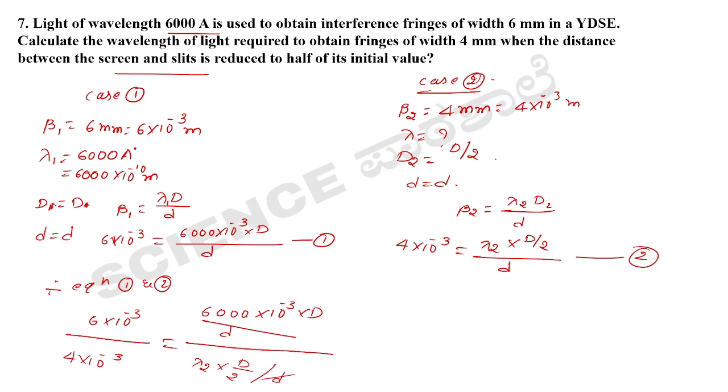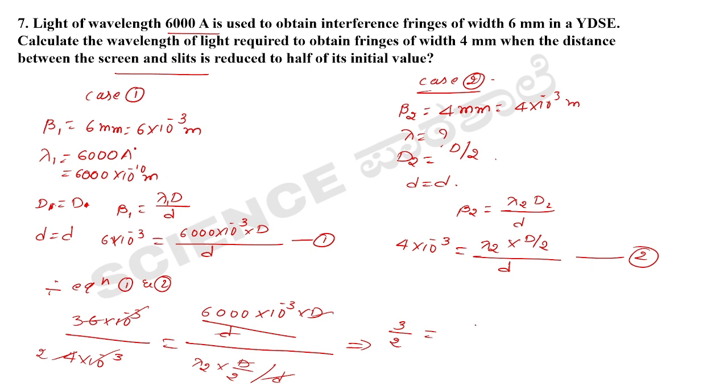See here, this capital D gets cancelled, and small d gets cancelled. We are left with 2 2s are 4, 2 3s are 6. Now we are only left with 3 by 2, and minus 3 gets cancelled.